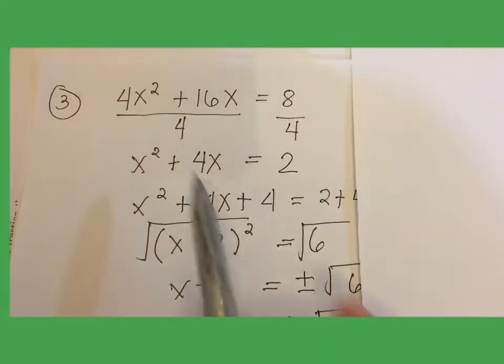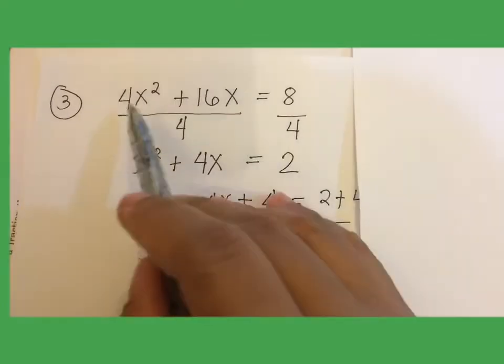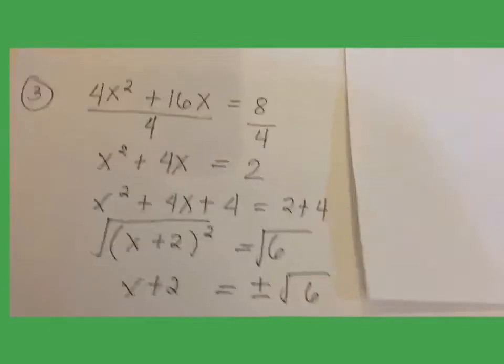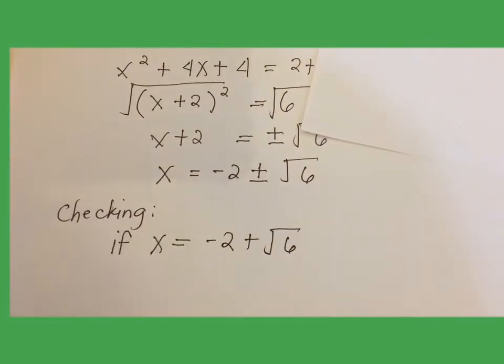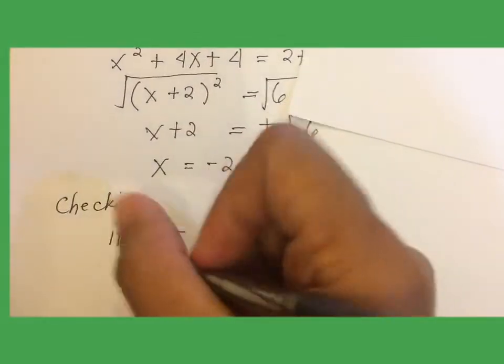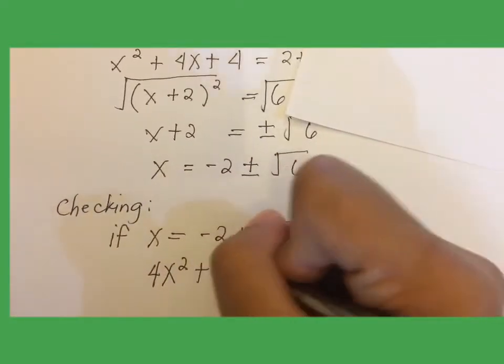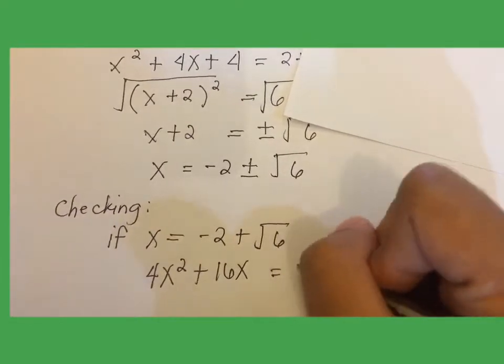So we're going to substitute the value of x in the original equation or the given equation. Our equation is 4x squared plus 16x equals 8.